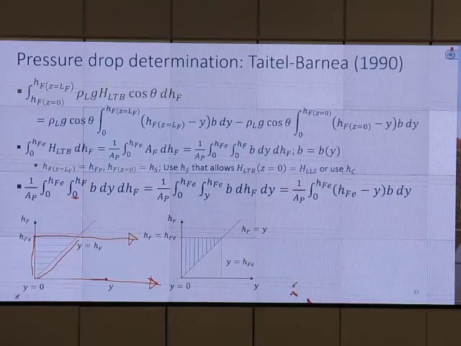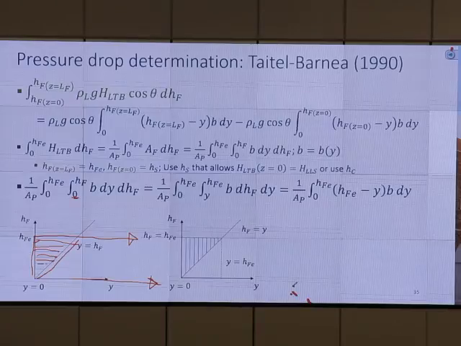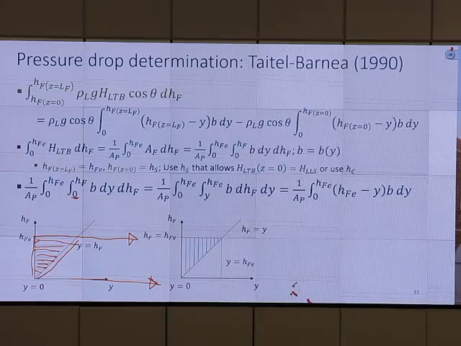So our domain of integration is just that triangle. But we integrate with respect to dy first, from y equal to 0 to y equal to hf, and it's bounded by another limit. So this triangle area is the domain of integration. It doesn't have to do with the function inside.